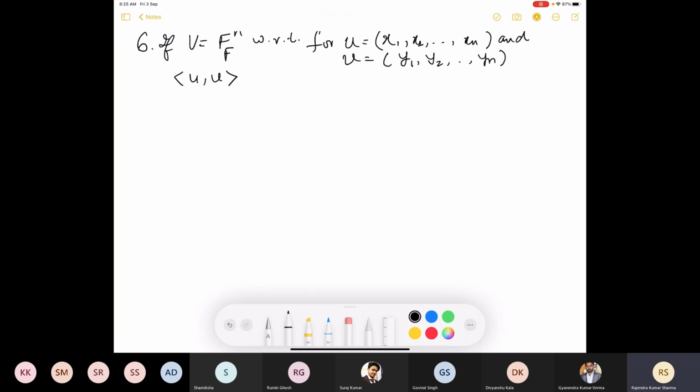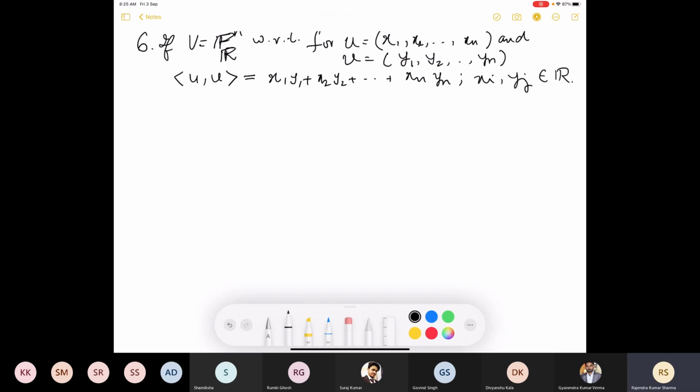So if you take, for example, Rn over R, and the inner product is defined as the sum of xi yi, that is x1y1 plus x2y2 plus up to xnyn. These are real numbers. So xi, yi's are real numbers.